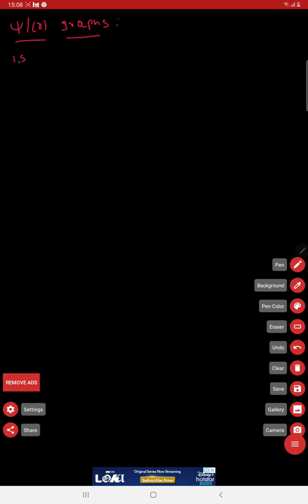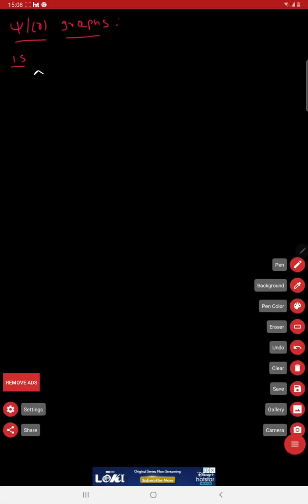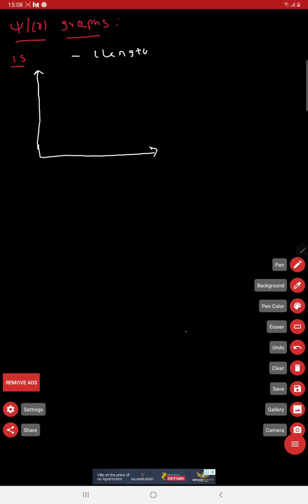Let me take the 1s graph. First you need to find the length of the graph, that is n minus l minus 1 for s orbital.